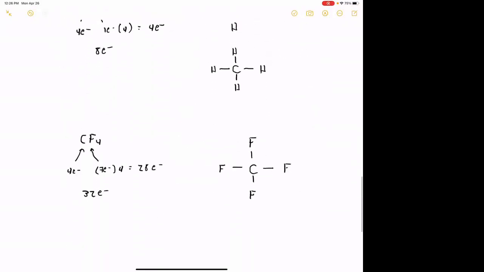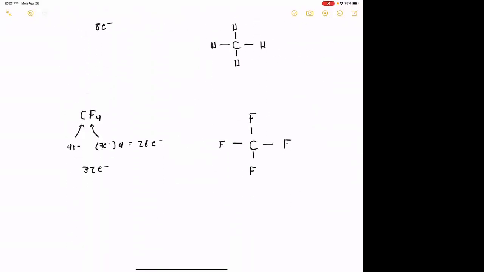Don't have any hydrogens, so we're going to put them around the fluorines. I've used 8. We'll just use pairs here so you can see them. 9, 10, 11, 12, up through 32. Looks like I used them all up, didn't I? Okay, so all of my 32 electrons have been used.